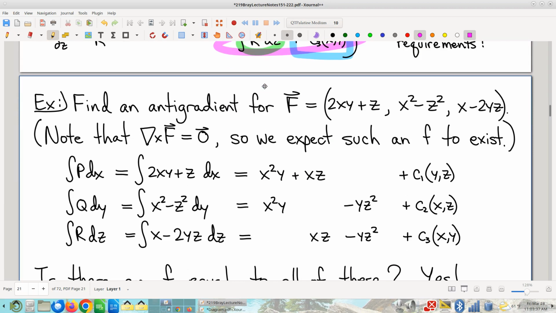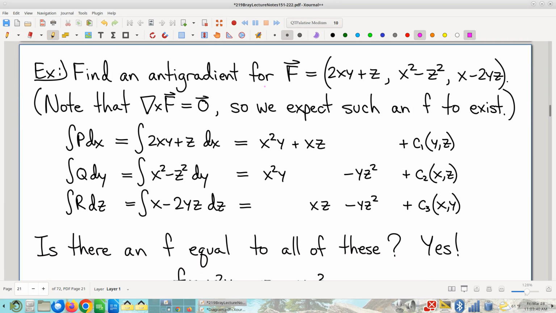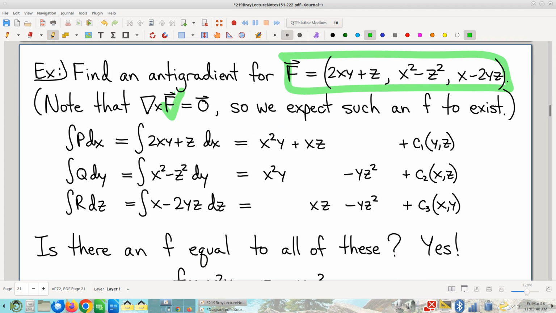So let's do it. Here we go. Here's a vector field. By the way, you can confirm for yourself. Good calculation, everybody should do this. Let's take 60 seconds. This is very quick. Just go ahead and compute the curl of that. You're going to get the 0 vector. That's good.